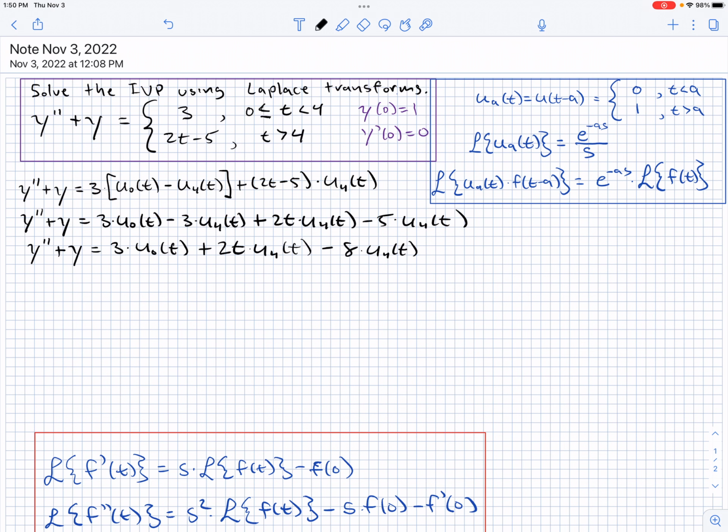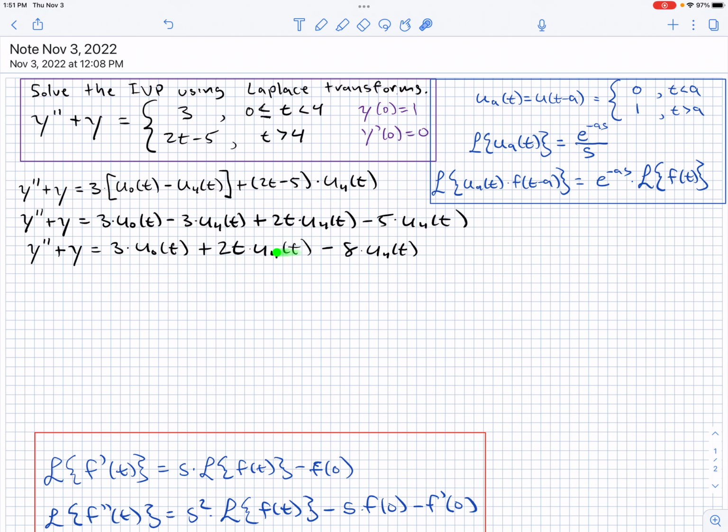So now that we have that, we want to rewrite in a form that will help us use these Laplace transforms of the step functions to find them and help us solve. As of now, not all of them are good. This one, 3 times u sub 0 of t, that's fine because it's just 1, and we can find the Laplace transform of that fairly straightforward.